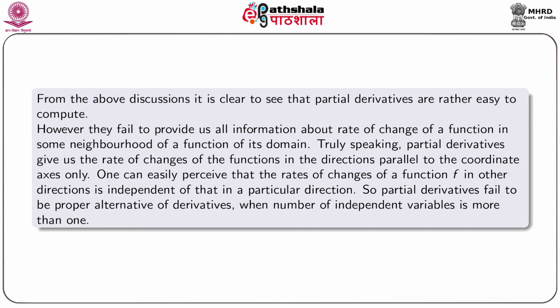Truly speaking, partial derivatives give us the rate of change of the function in the directions parallel to the coordinate axes only. One can easily perceive that the rate of change of a function f in other directions is independent of that in a particular direction. So, partial derivatives fail to be a proper alternative of derivatives when the number of independent variables is more than 1.